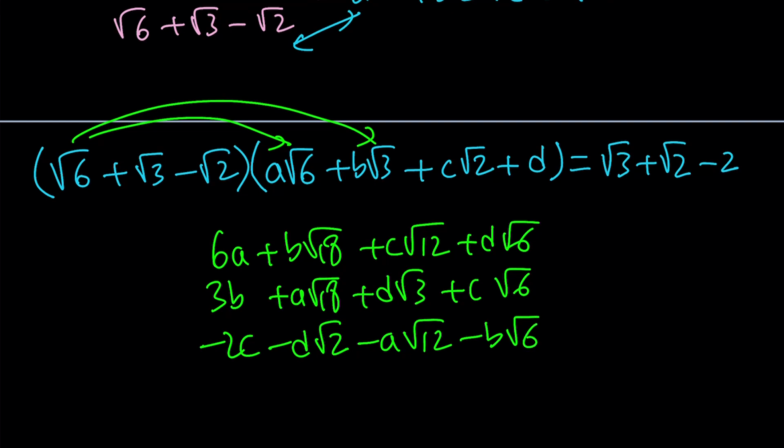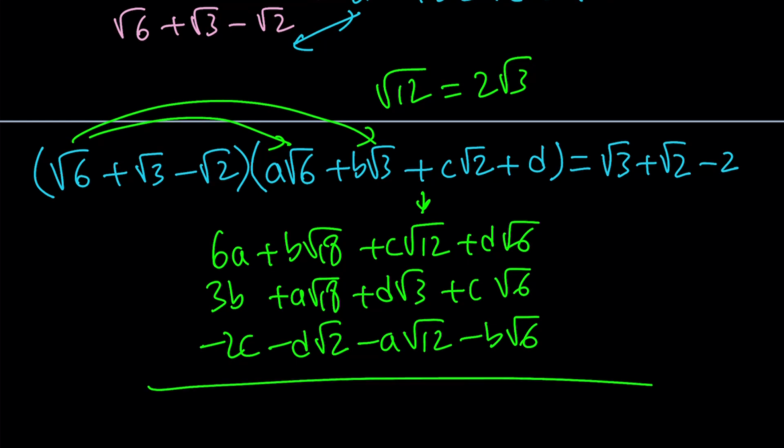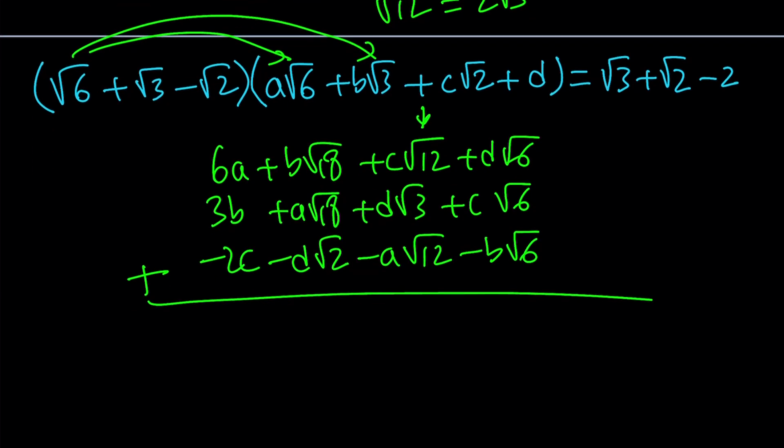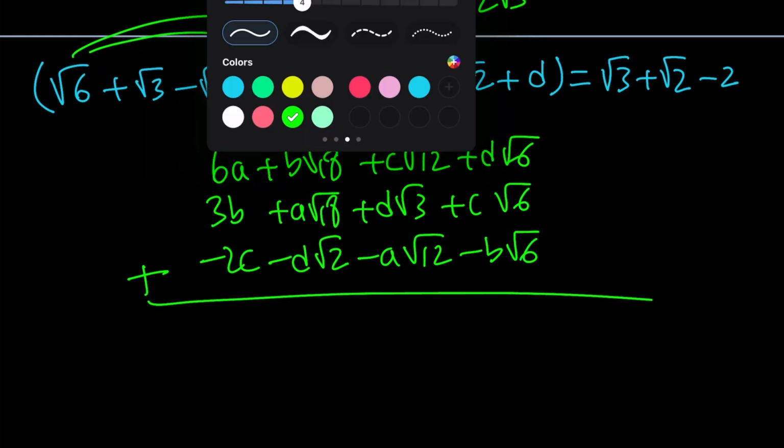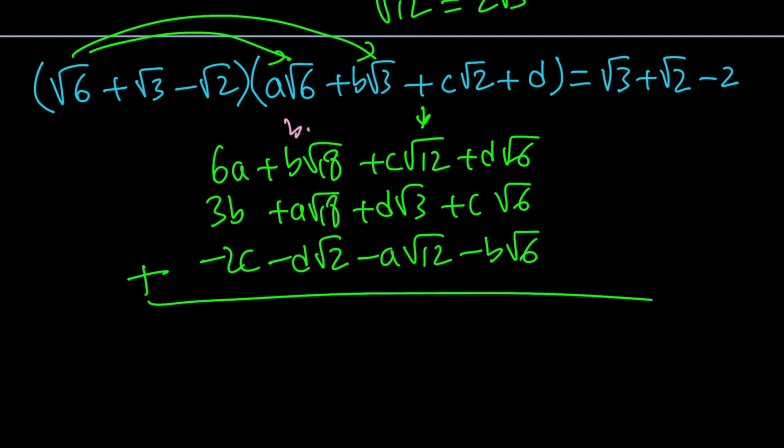Now let me tell you why we're aligning root 12 and root 3: root 12, as you know, is 2 root 3. That's why they are of the same kind. So you're supposed to add these up, and when they're aligned, it's easier. And notice that b root 18 is b times 3 root 2, and that is 3b times root 2. So you have to consider that when you add the coefficient of root 2 here.